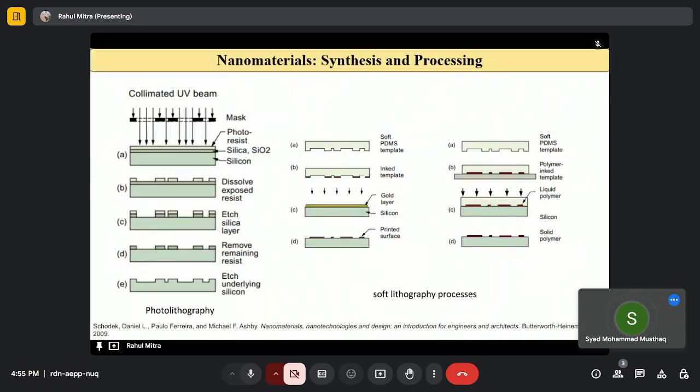The other process is the lithography process. The lithography process is mostly used in the semiconductor industry. So let's first discuss photolithography. First, we want to have a design.